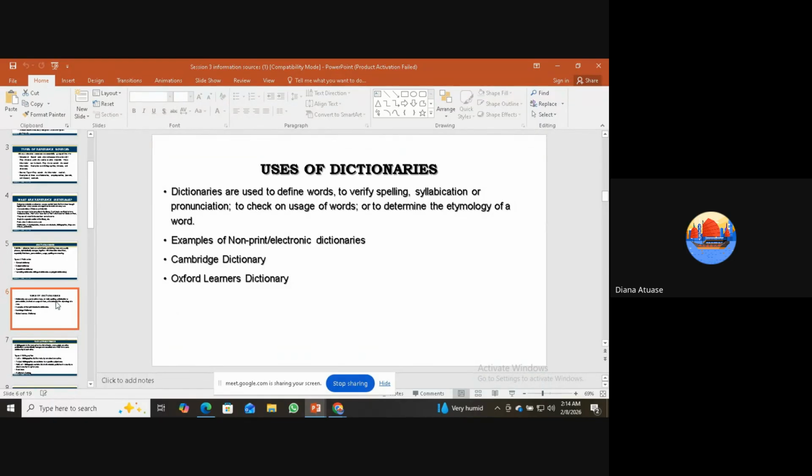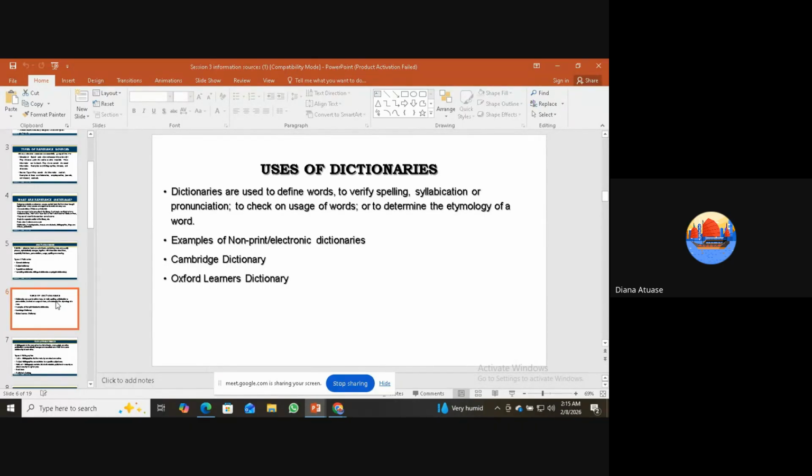Uses of dictionaries. As we mentioned earlier, a dictionary helps us to define words, verify spellings, and pronounce words correctly. It also helps with the usage of words, and the origin of words, how a particular word originated.